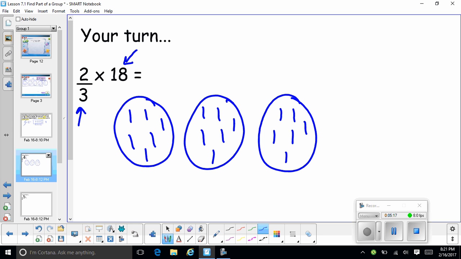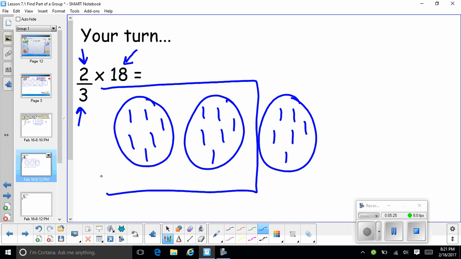Now that I have divided that up, I'm going to take a look at my numerator. I want to box off 2 of those groups since that's the number in my numerator. If I add this, I have 6 in this one and 6 in this one. So my answer will be 12.